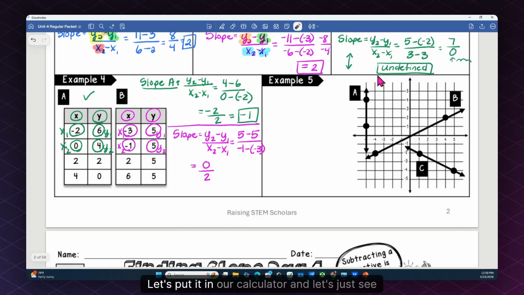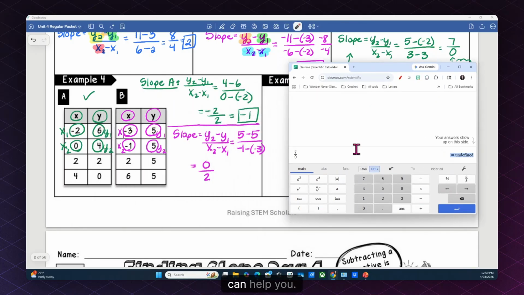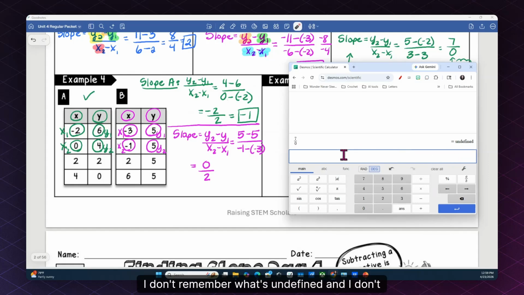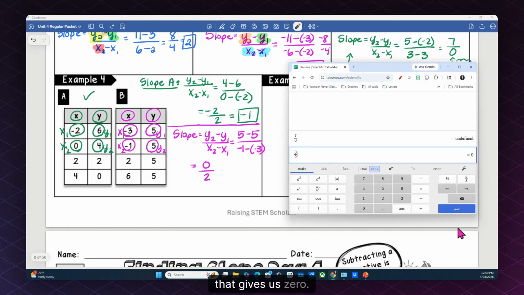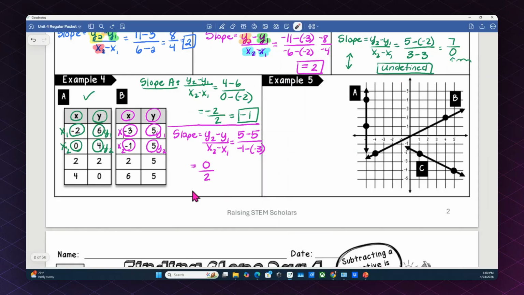Okay, let's put it in our calculator and let's just see what our calculator gives us. The reason that I'm doing it this way is because your calculator can help you keep it straight in your head. Because sometimes students are like, I don't remember what's undefined and I don't remember what's a slope of 0. Our calculator tells us, look, so 0 divided by 2, that gives us 0. Okay, so our calculator told us that.